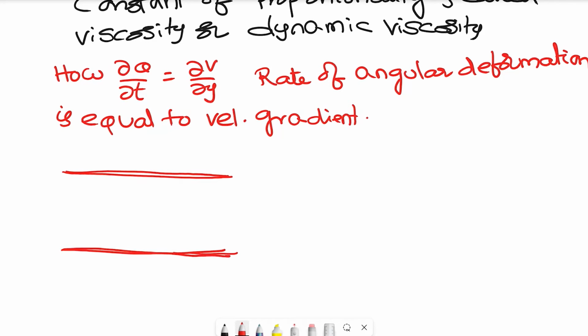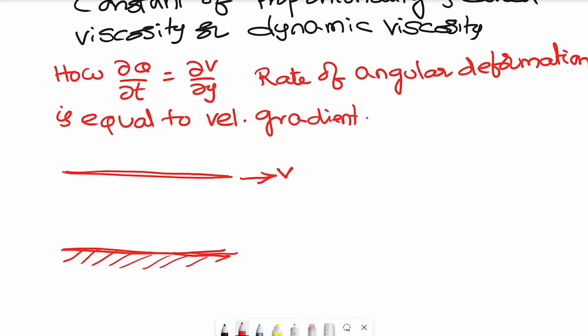One is a fixed plate, and the other plate is dragged with a force F. So it is moving with a velocity V because of the force. Kindly remember, because of the force. So that is what is happening.